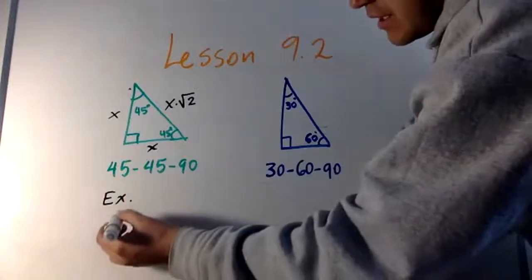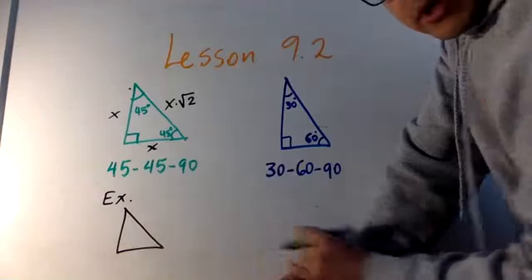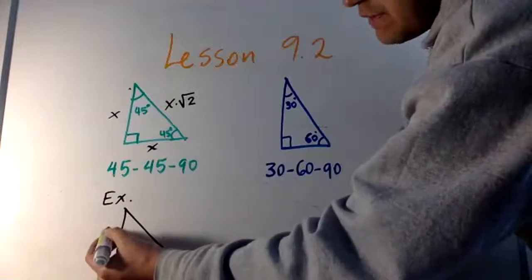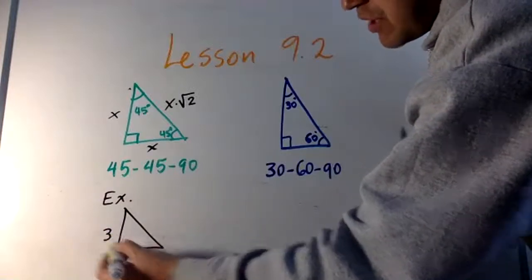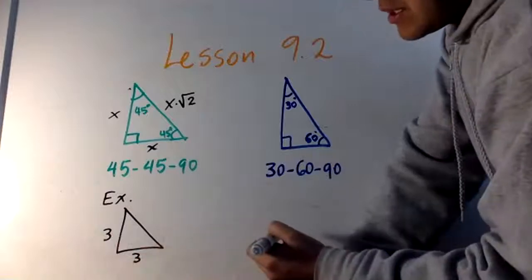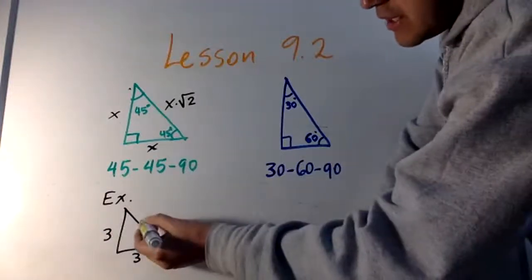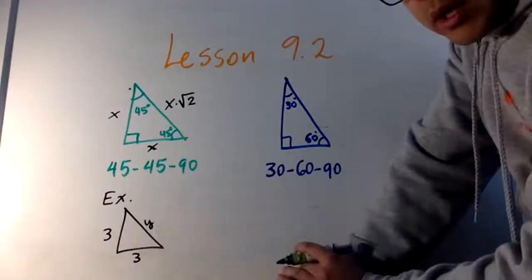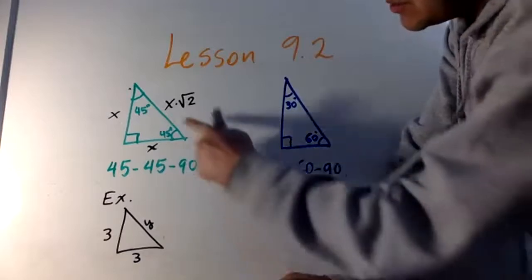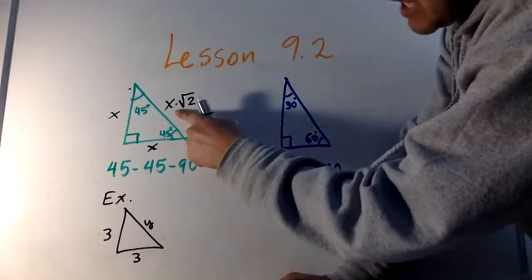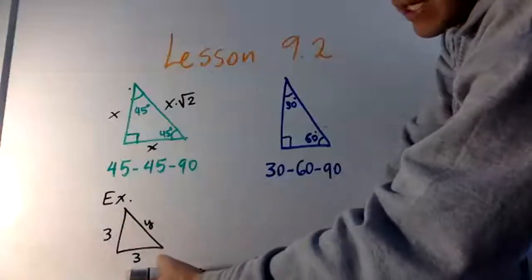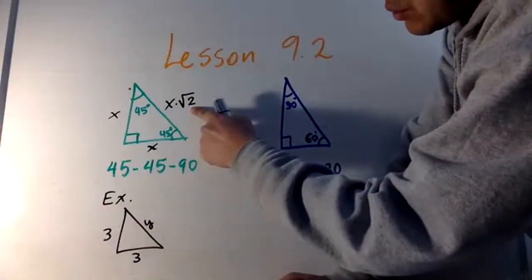I hope you can see it. If this is 3 and this is 3, and let's say that this is something we don't know, I can just take one of these legs, any one, and multiply it by the square root of 2.